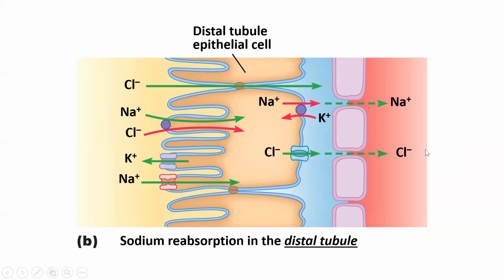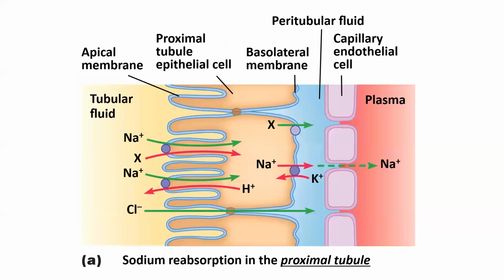In the distal tubule, we have a similar phenomenon happening, but we also have leak channels for sodium. So this is what we mean by the distal part of the tubule being regulated. These leak channels are going to be inserted here under the influence of certain hormones that I'm going to talk about. So here it's going to be regulated, whereas here it's not going to be regulated, right?